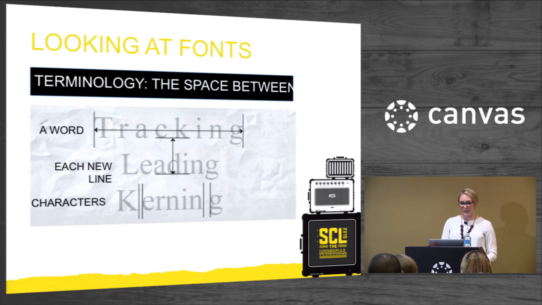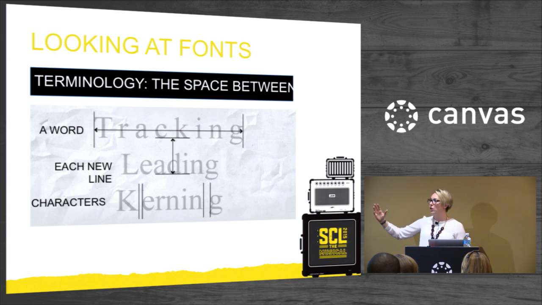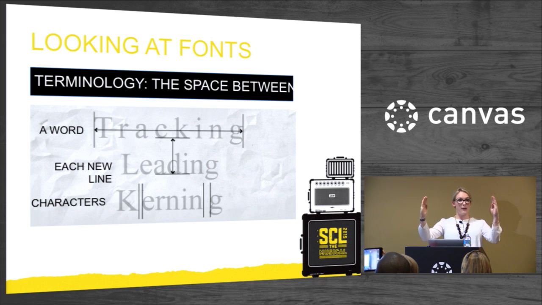Also, something that's interesting is looking at the space between fonts: the tracking, leading, and kerning, okay? Even in your normal Word, for example, you have the power to change all of these measurements. Tracking is the space between the beginning and the end of the word, and you can change that. That's nice if you do a nice header for your class.